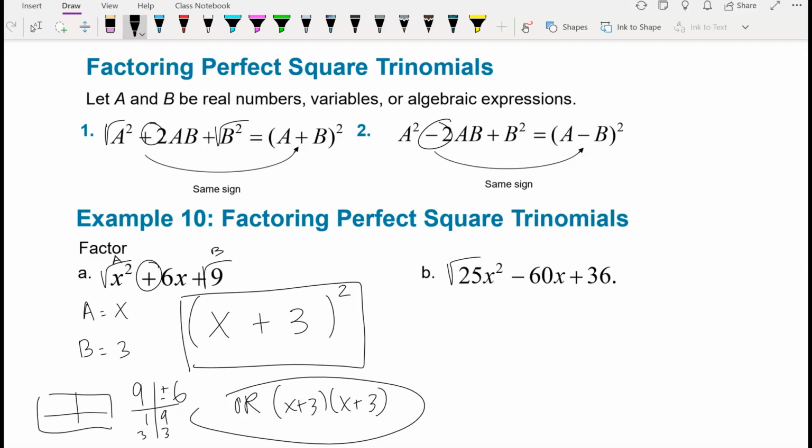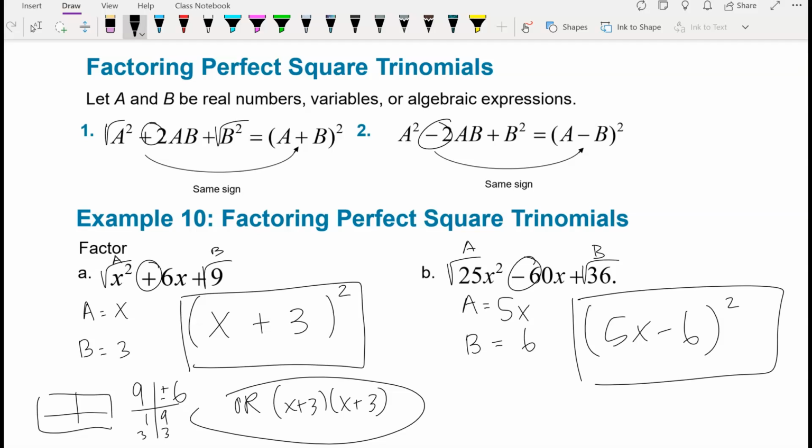But it's easier just to do the square root and find your a and your b. So square root of 25 is 5x, and b will be 6. Sign in the middle is negative, so it'd be 5x minus 6 squared. So those are nice. They're super simple. You don't have to do any other extra steps for your factoring.